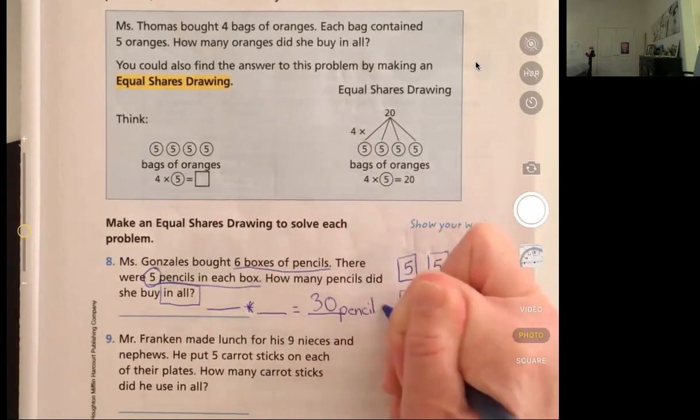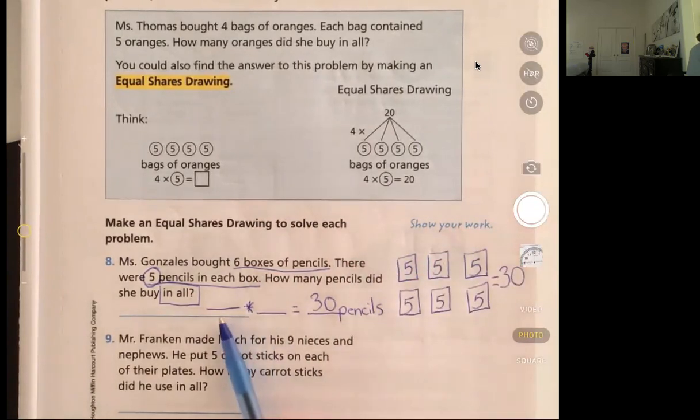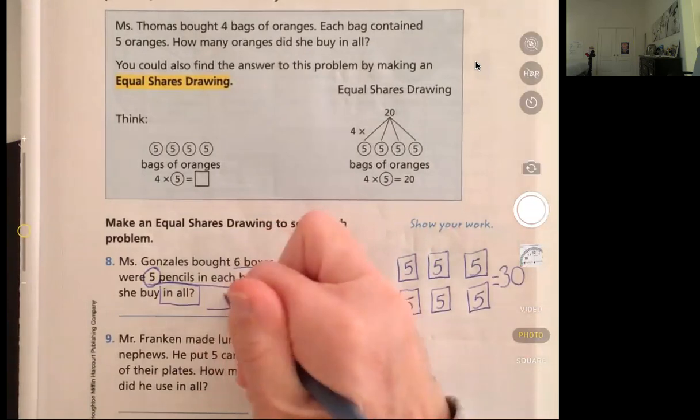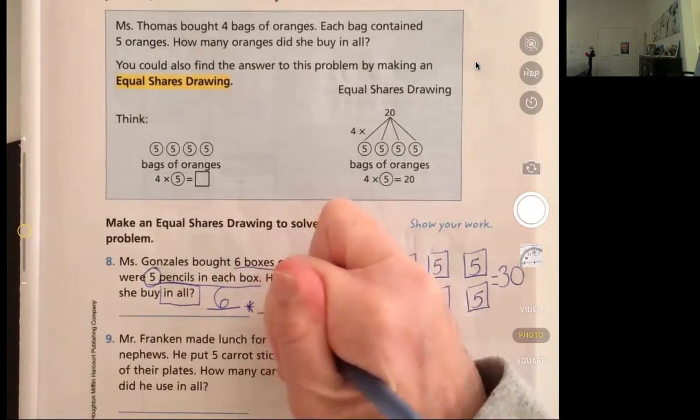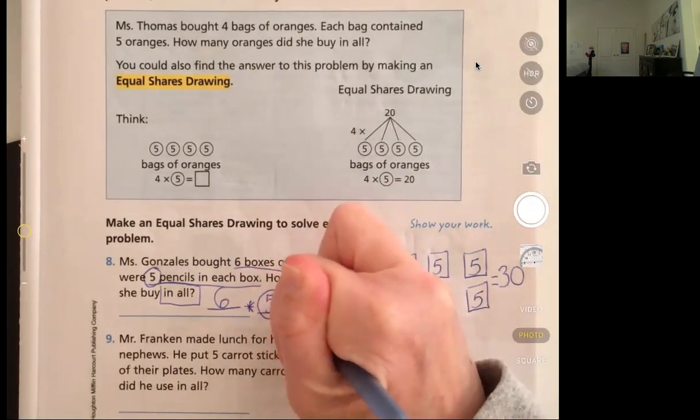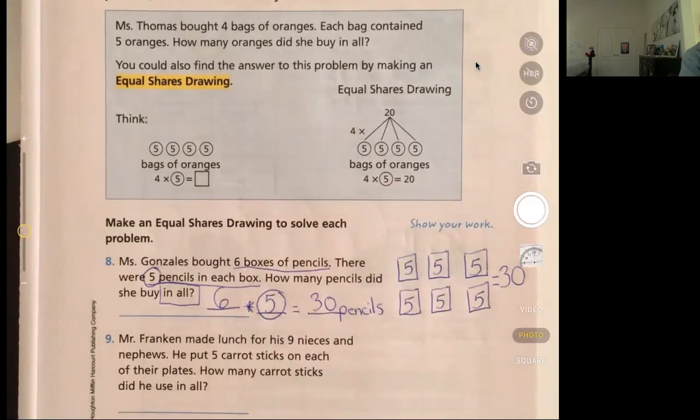So I'm going to label it. Now I can do groups times how many I counted by, how many in each group. So I had 6 boxes, 6 groups times my count by 5 in each group. And I'm going to circle the 5 to remind me again that that's what I do.